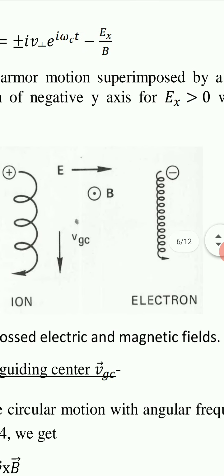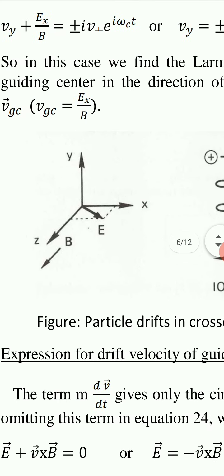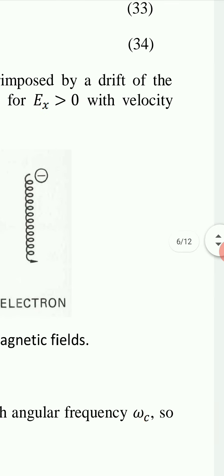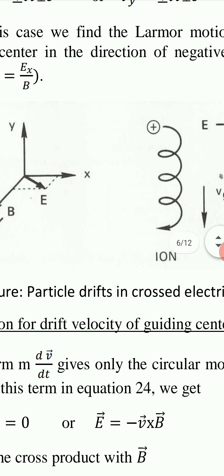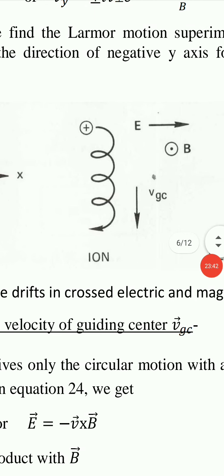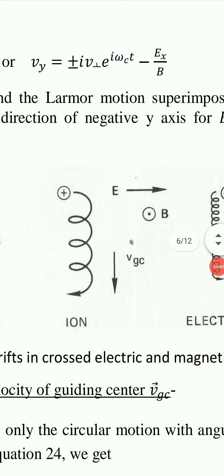So we see that guiding center is drifted towards the direction of negative y-axis, because in the expression of Vy we have this term, minus Ex upon B. The guiding center that was fixed earlier when there was only magnetic field was the point x0, y0, and that was fixed when the electric field was not present.